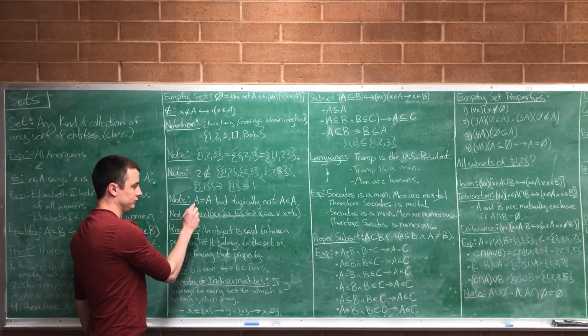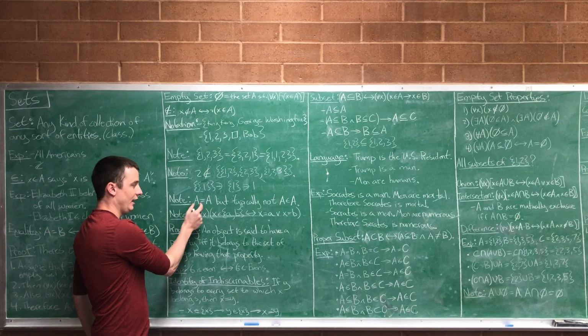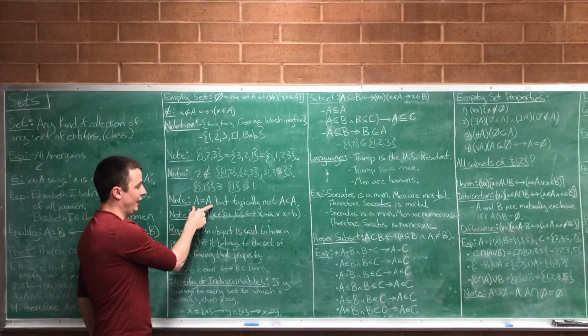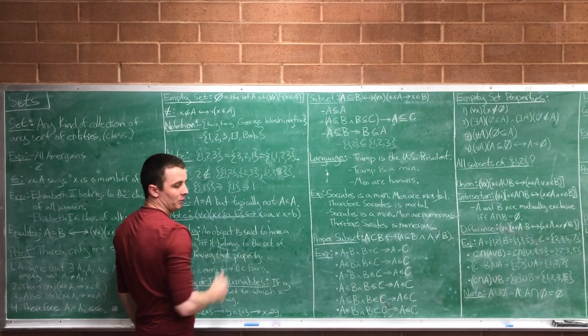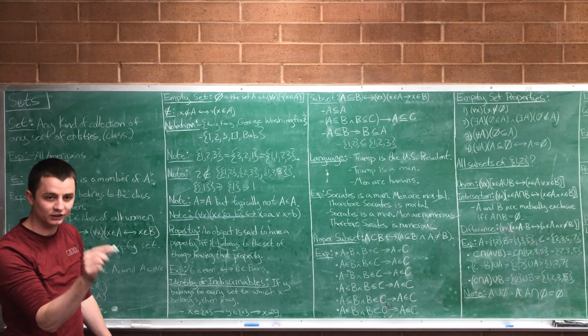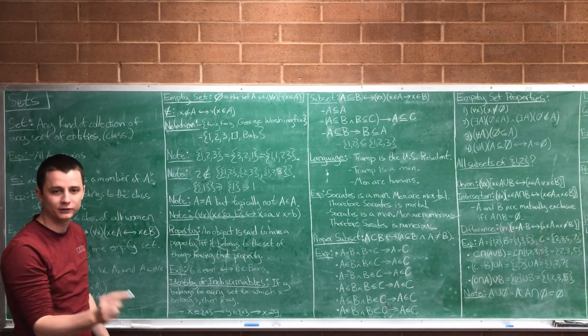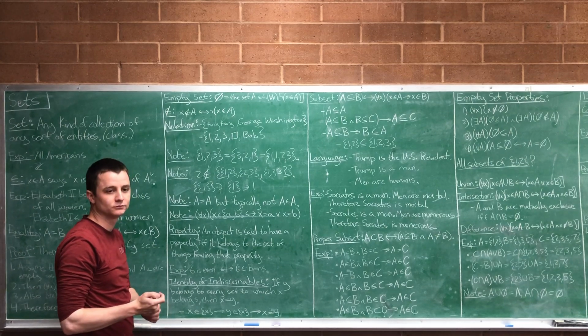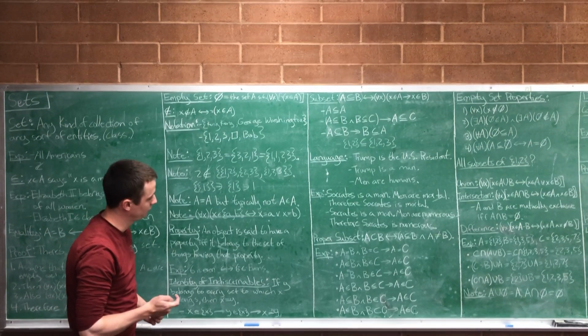As a general rule, well, no, this is always the case. The set A is always equal to itself. And it's typically not the case that A is a member of itself. The reason that the author is doing this is to try and hammer home that equals and member are not the same thing. They're very different things. What is an example where A is a member of itself?